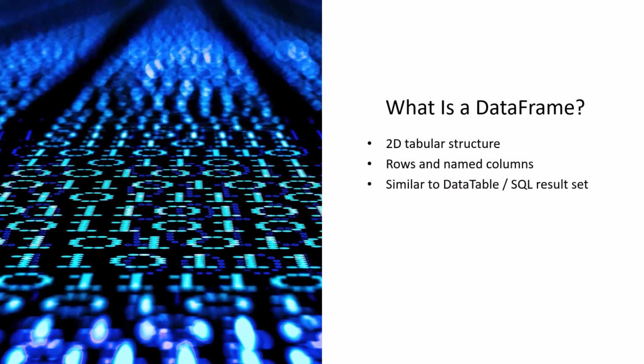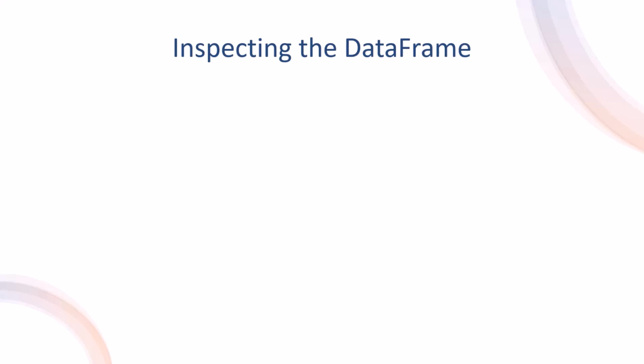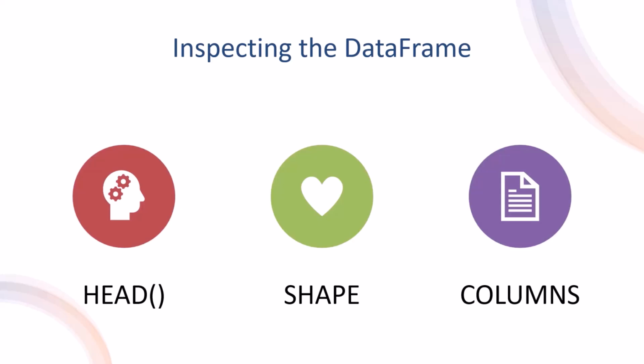So once the data is loaded, the first thing we should do is inspect it. We typically start by previewing a few rows, checking the size of the data set, and confirming column names. This step helps us verify that data was read correctly before doing any analysis.